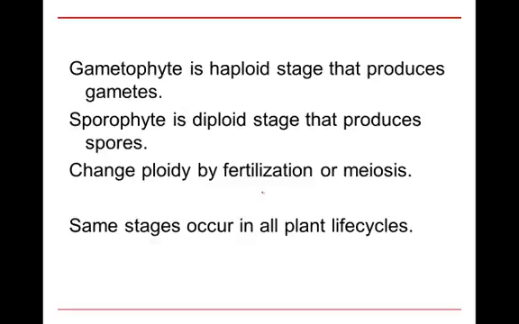You can change the ploidy by the two processes we started with on the line of ploidy, either fertilization or meiosis. And these same stages and processes occur in all plant life cycles. It's just which ones are dominant, how they're emphasized varies from group of plants to group of plants. So we will be learning this.